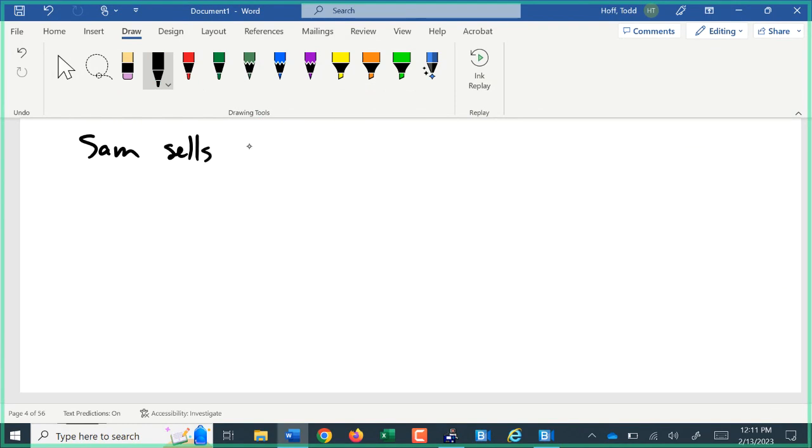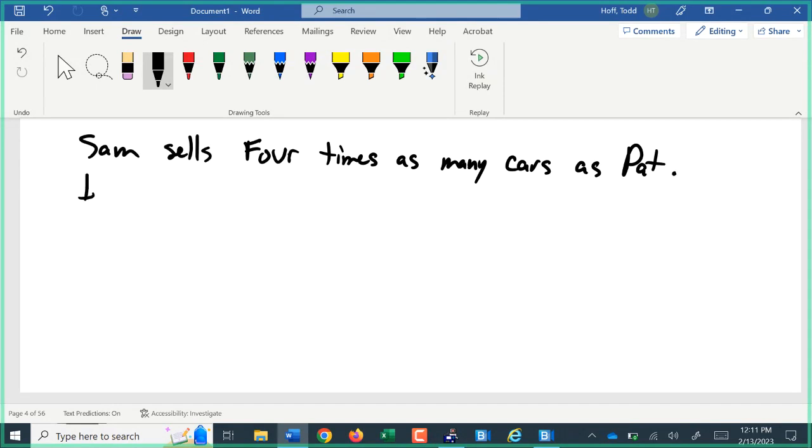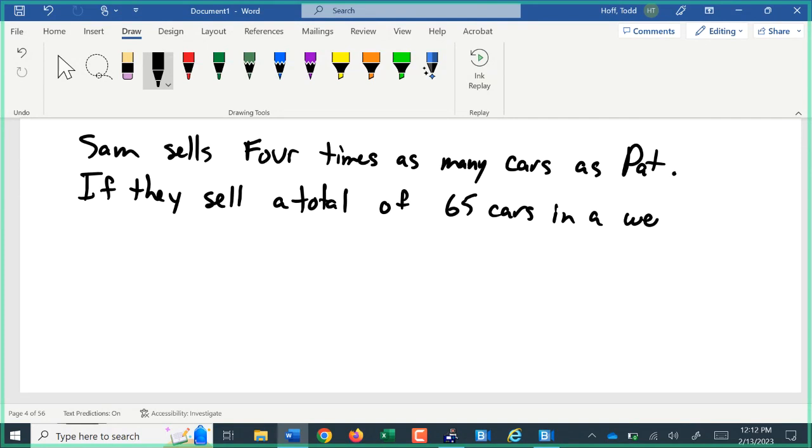Let's say Sam sells 4 times as many cars as Pat. If they sell a total of 65 cars in a week, how many does each sell?